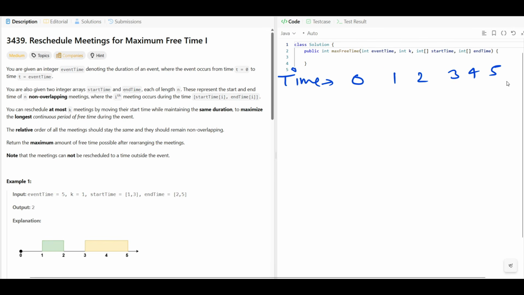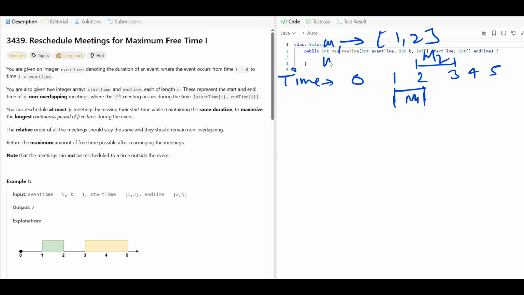If time is 0 1 2 3 4, M1 is at 1 to 2 and M2 is at 2 to 3. So this is your option 1.